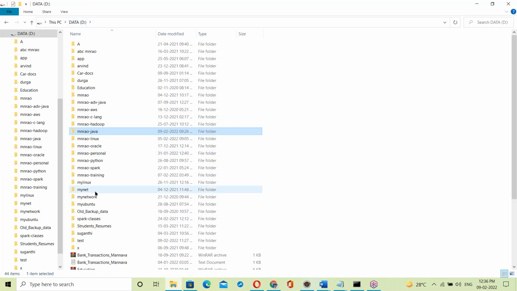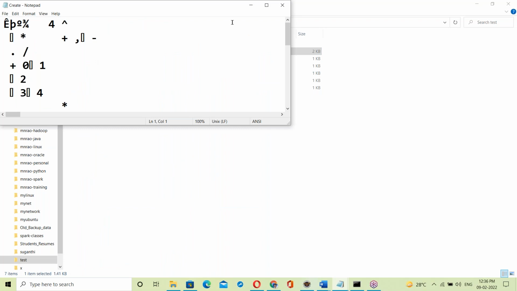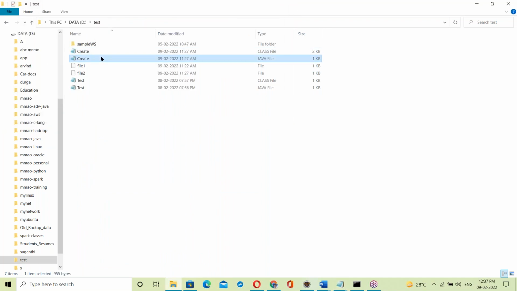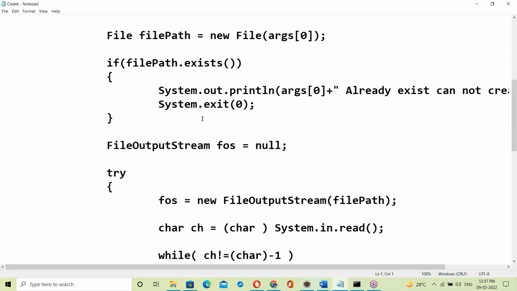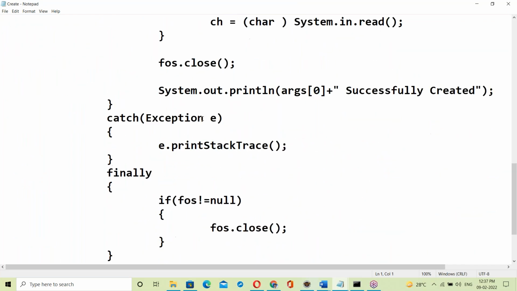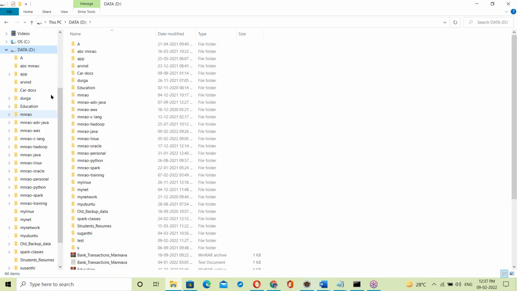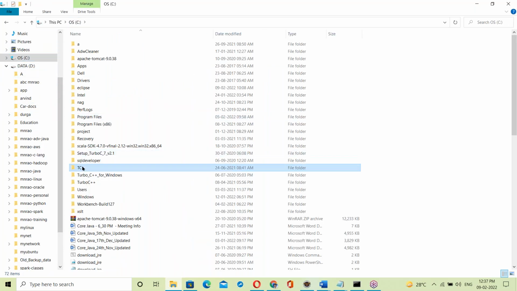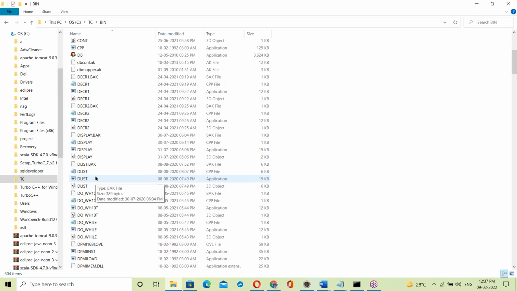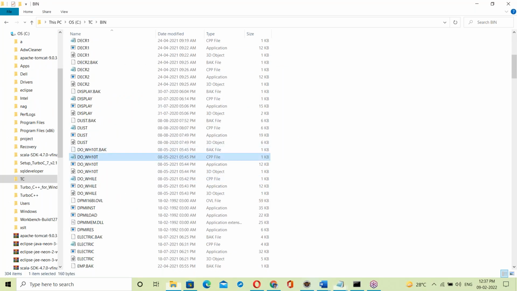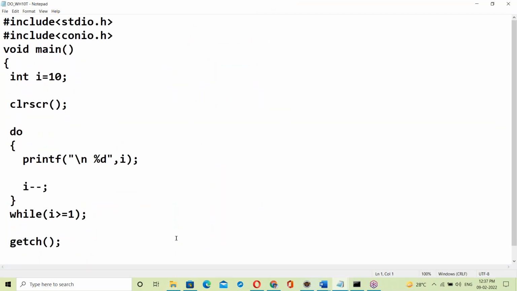For example, suppose this is some Java program. This is like the English language, right? This is user understandable language. Suppose a C program, this is also like the English language. A Python script is also like the English language.